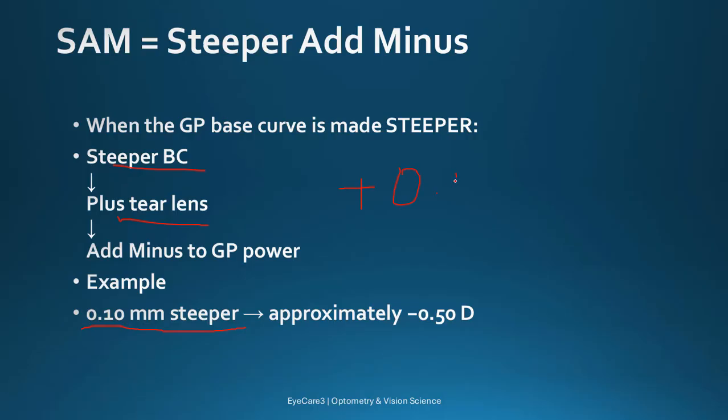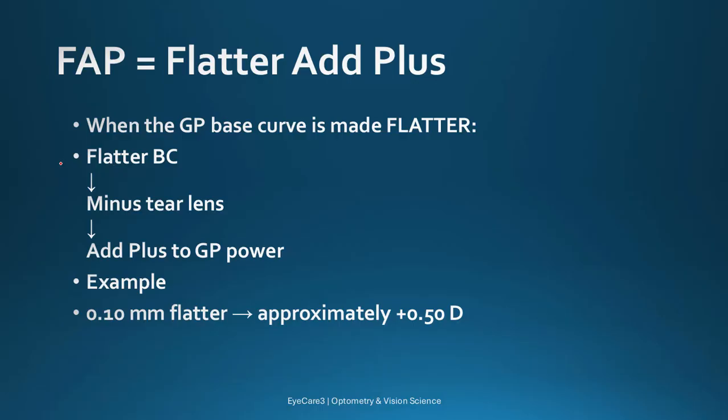So to neutralize plus 0.50, we should add minus 0.50 into the net contact lens power. Similarly, in the case of a flatter base curve, obviously a minus tear lens is formed and you have to add plus to the GP power. If a 0.1 millimeter flatter lens is used, then approximately you need plus 0.50 diopter power in the final prescription of the contact lens.